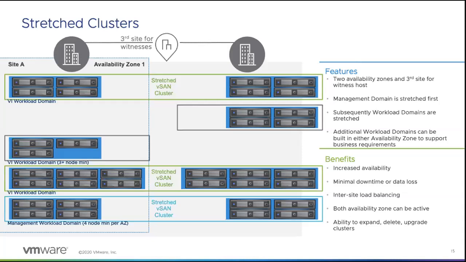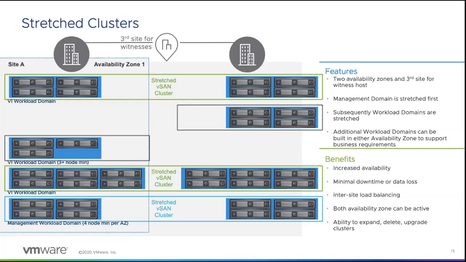This is mainly if you want high availability, minimal downtime, load balancing, active DR benefits, and scenarios that you want to deploy for certain apps, or just for certain clusters running, let's say, a database, and you just want to stretch that between two sites, you can do that. Also, within each availability zone, you can deploy a workload domain.